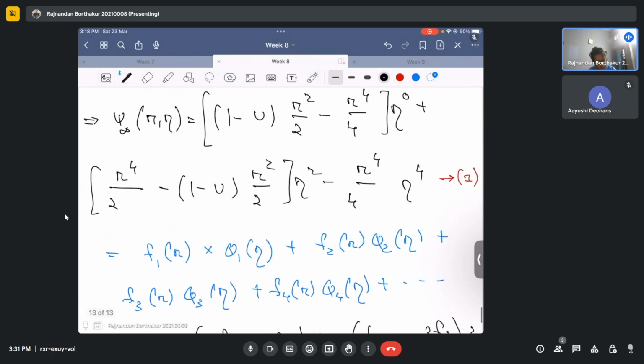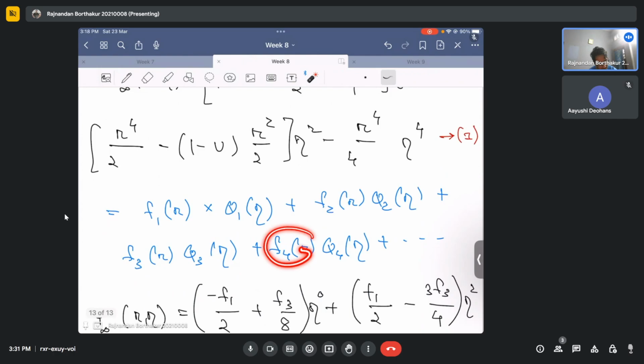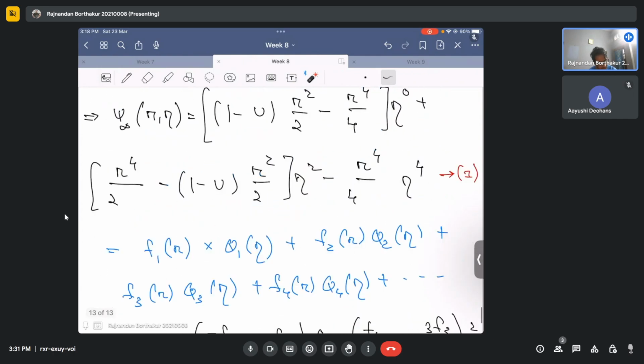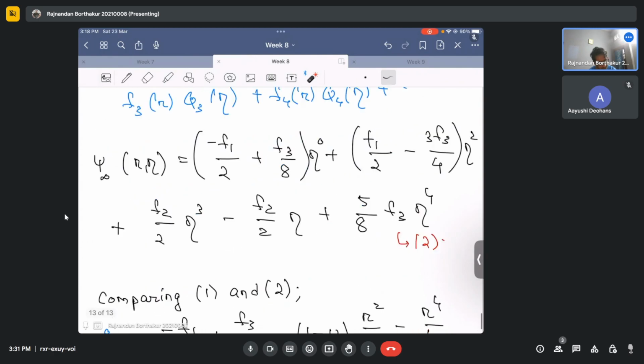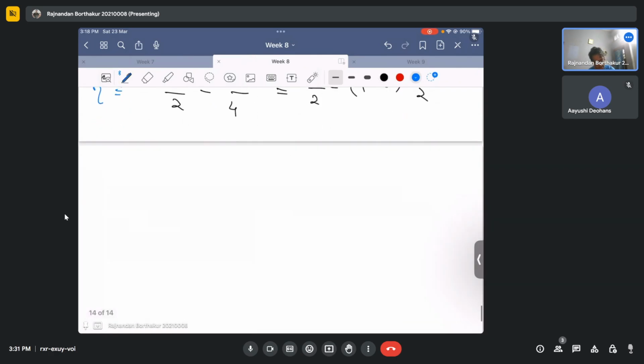Similarly, if I compare the terms with eta power 4, this means that f4 is basically this, which means that minus r power 4 by 4 is basically f5 by 8 f3. Let's do that also and see.